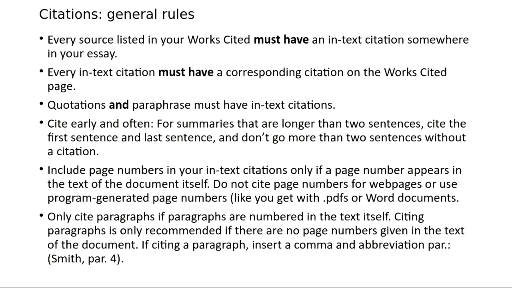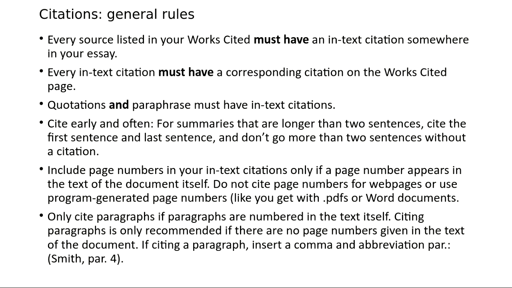And then sometimes people try to cite paragraph numbers. Paragraph number citations are always optional, but should only be given if the paragraphs are numbered in the text itself. So never count the paragraphs and then come up with a number and cite that as a paragraph number.